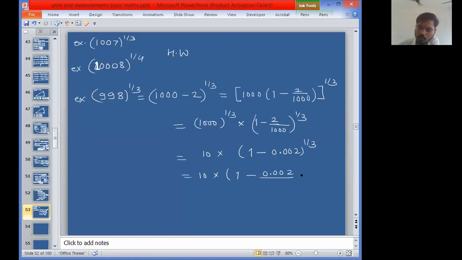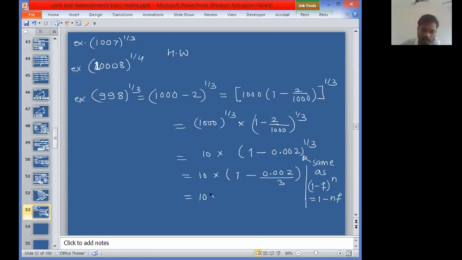Multiplication of these two means 0.002 into 1 by 3. Into 1 by 3 means divide by 3. So this is again the same as 1 minus fraction raised to n, 1 minus n times fraction. f is negative, n is positive, so the multiplication will be negative.